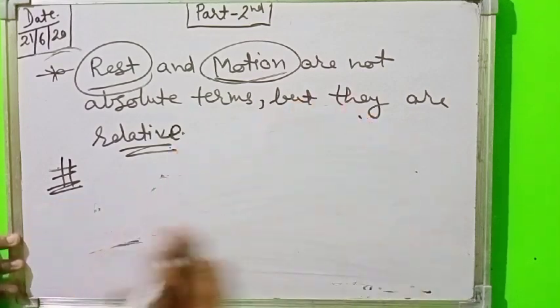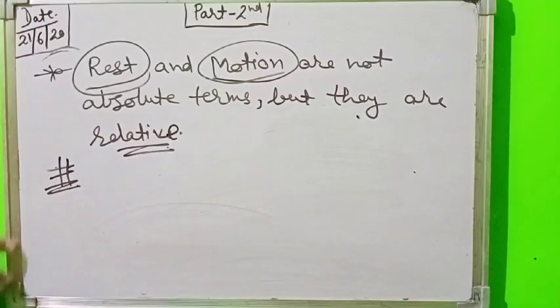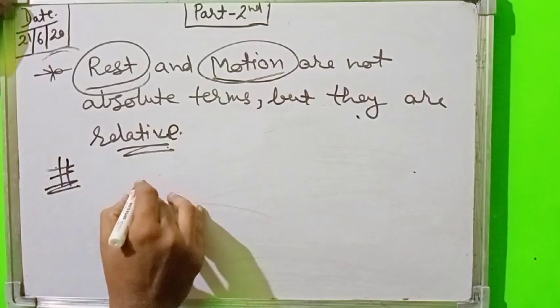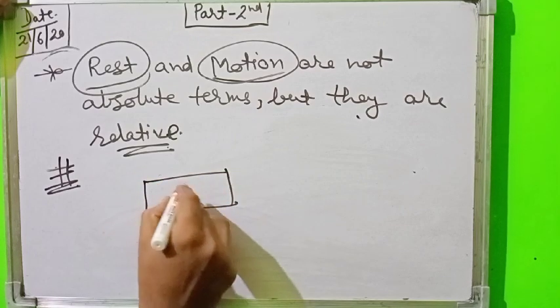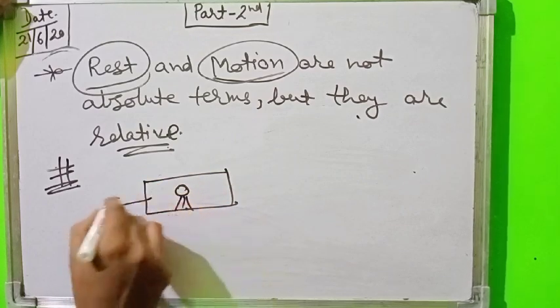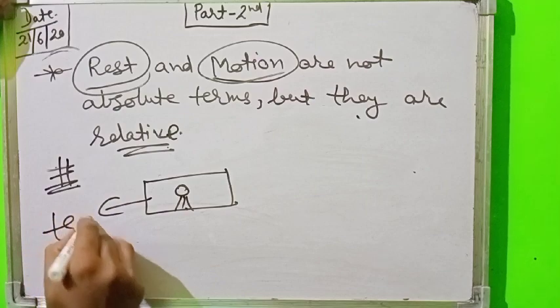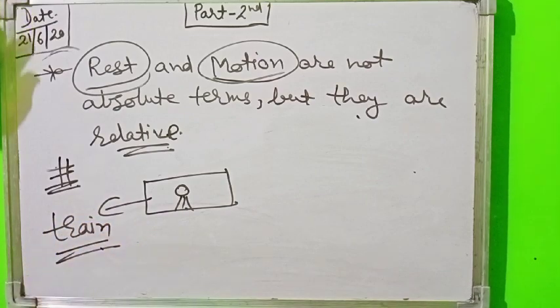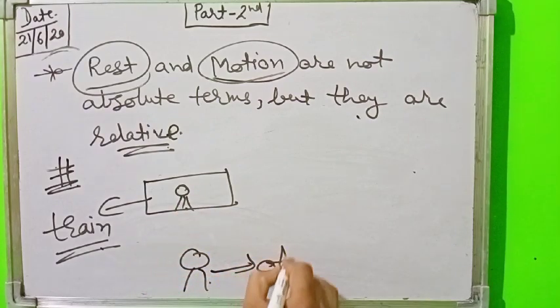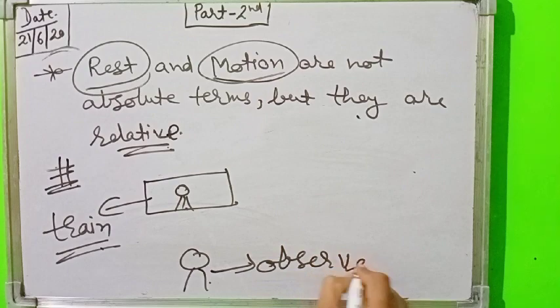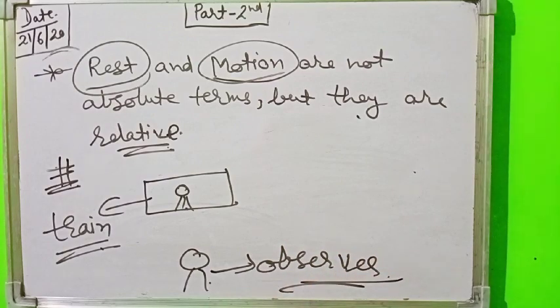Now take another example. Suppose there is a train, and you are sitting in the train. This is the train, and you are sitting in the train. An observer is outside the train. This is the observer, who is standing outside the train.